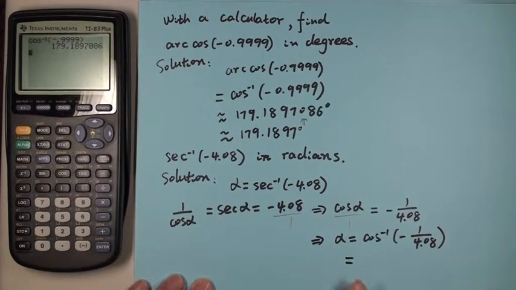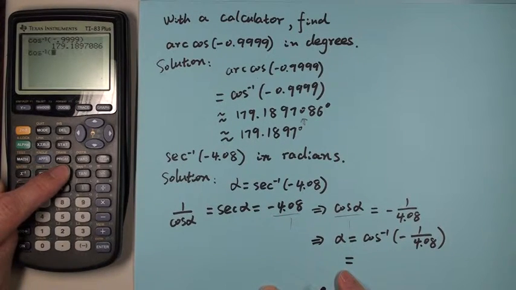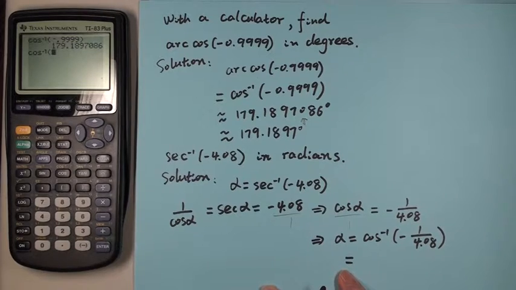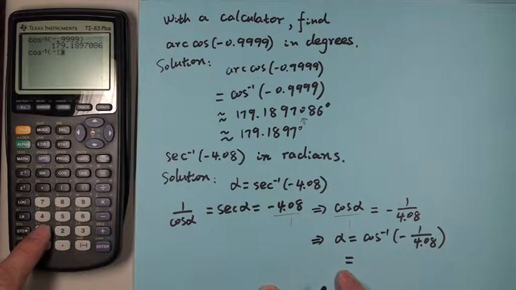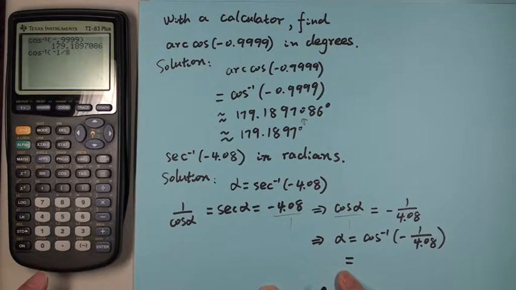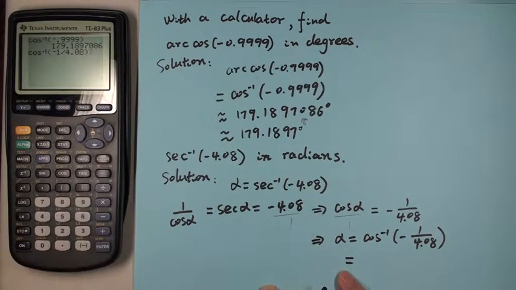And then you have your calculator here. That will be second, cosine inverse, negative here, not this subtraction, negative 1 divided by 4.08, close parenthesis, hit enter.